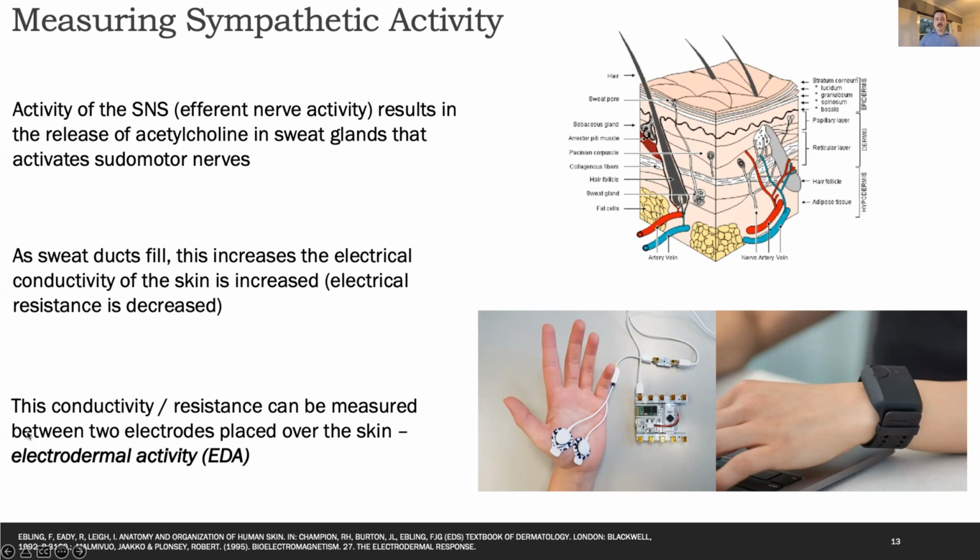By measuring this resistance between two electrodes placed over the skin, this gives us a measure of what's called electrodermal activity. And it really is just how conductive the skin is. When we're talking about sweating in this sense, you might think, oh, you get very nervous, you might get sweaty. But at any given stage, there is a very subtle level of how full your sweat glands are.